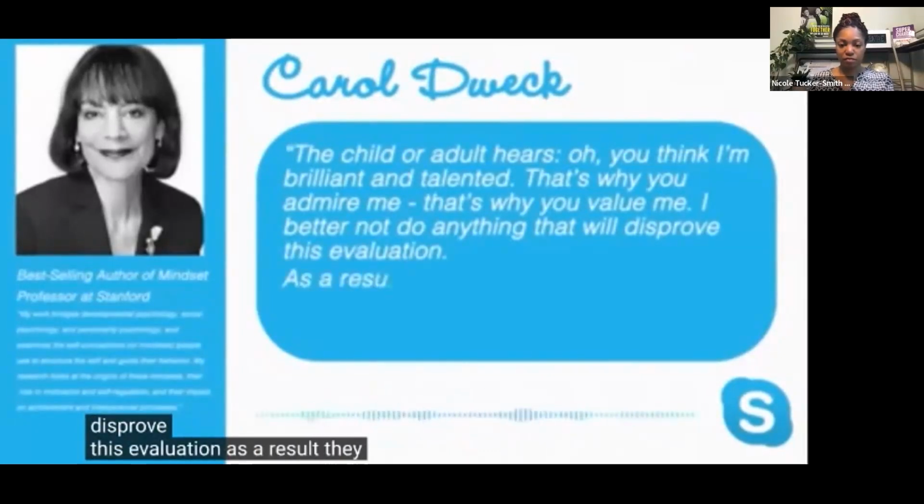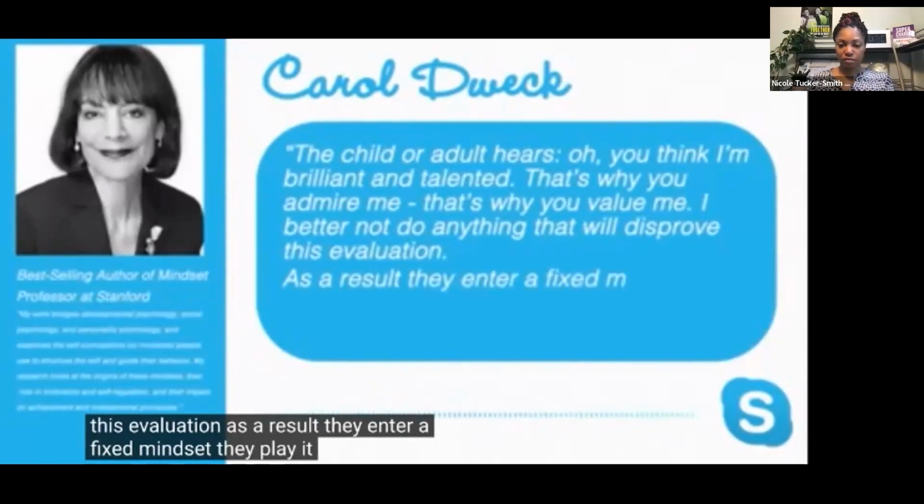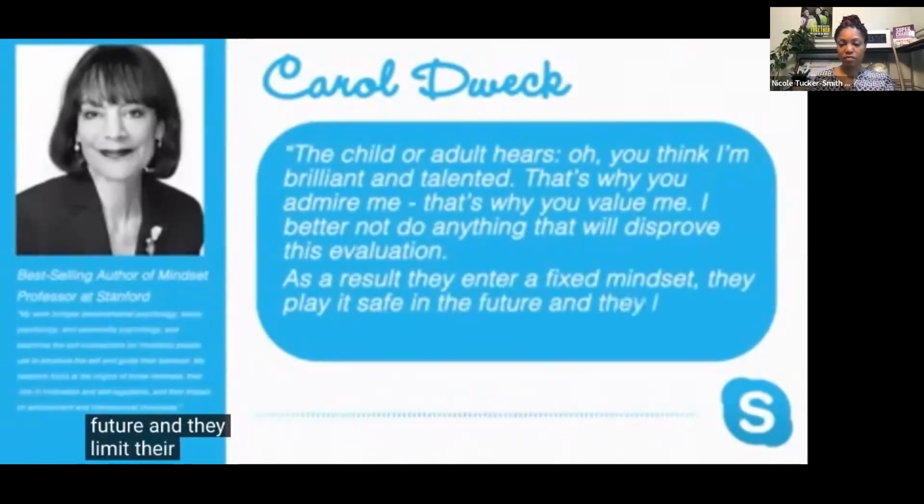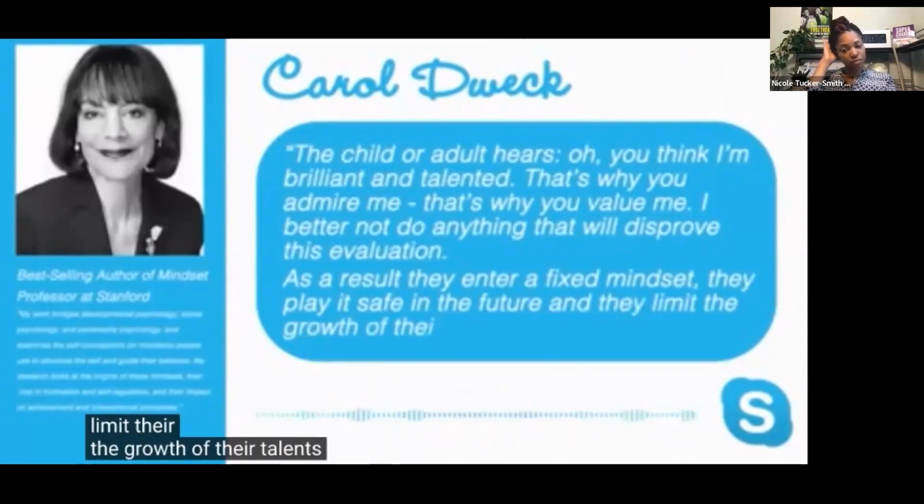As a result, they enter a fixed mindset, they play it safe in the future, and they limit the growth of their talents.